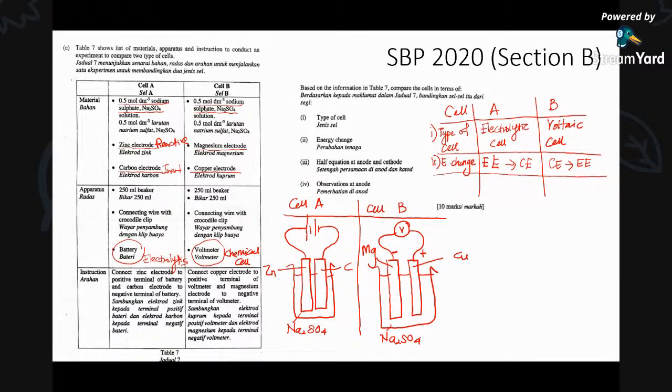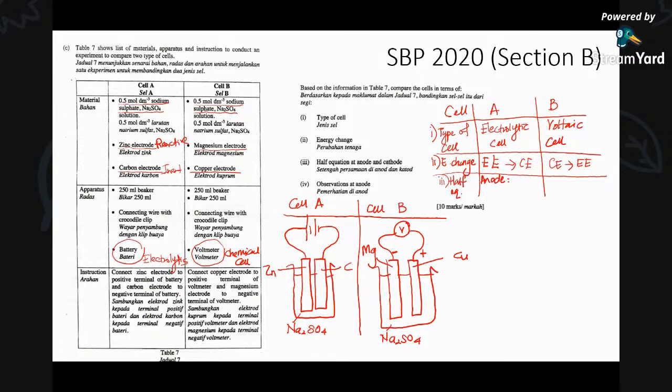Okay, and then the third one is the half equation at the anode and cathode. Okay, so half equation, so anode. So what happens at anode if you look at cell A? Okay, so cell A is actually made out of zinc. The electrode is made out of zinc.